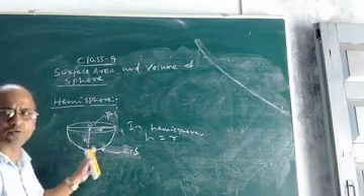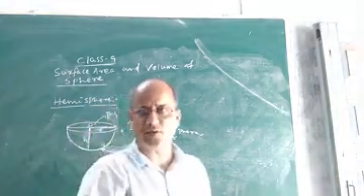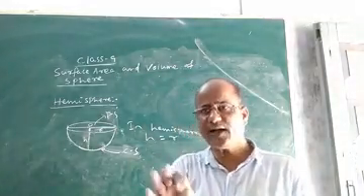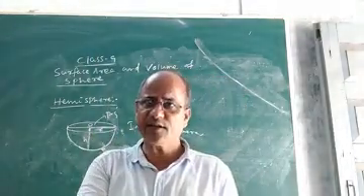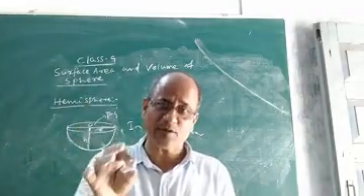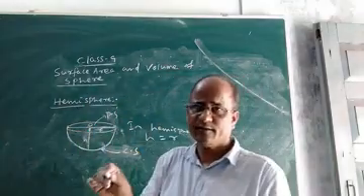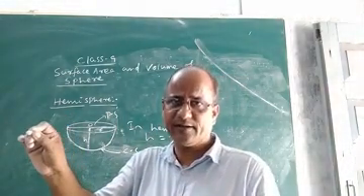Now the point is how to find the area of this curved surface, or how to find the curved surface area of a hemisphere. Definitely it will be equal to half the curved surface area of a sphere, because a hemisphere is obtained by joining one diameter.